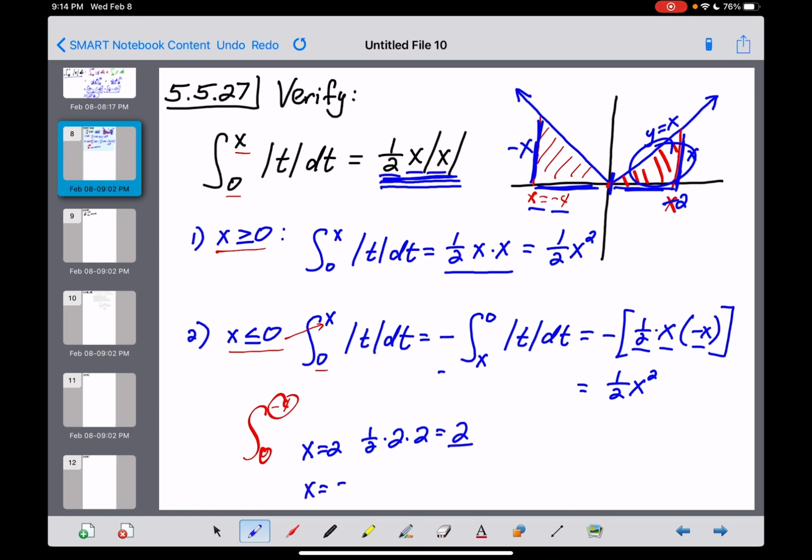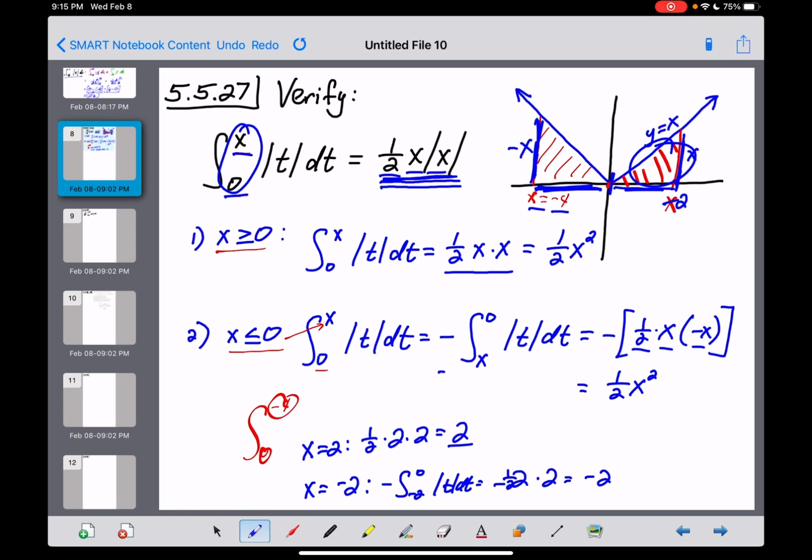But if x were -2, what would happen then? Well, if x were -2, we'd be doing an integral from 0 to -2, which would be the opposite of the integral from -2 to 0 of the absolute value of t dt. So that would give you the opposite of 1/2 times a base of 2 and a height of 2 as well. Sorry, I forgot my 1/2 there. So that would end up with a value of -2, which is what should happen there, because our limits would be backwards in that case.